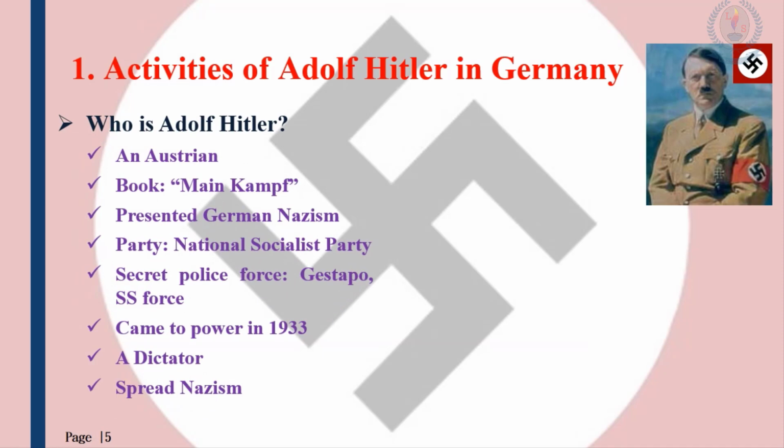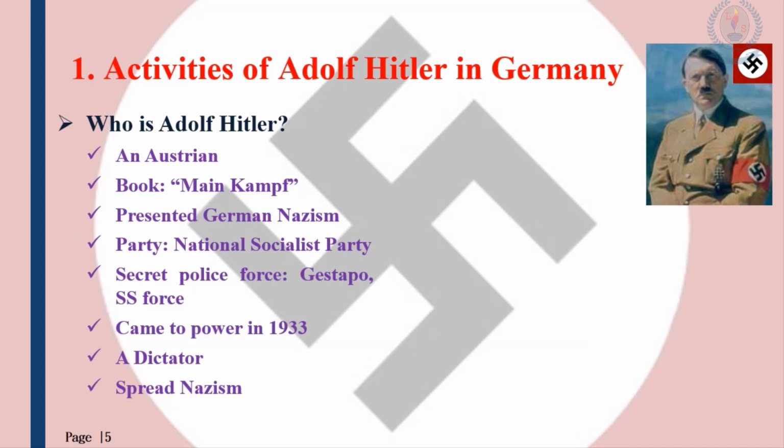Because of this situation, the unemployment rate and the price of goods increased in Germany. As the Democratic Weimar Republic couldn't find a solution for this situation, Adolf Hitler came to power with the support of other members of the parliament in Germany.